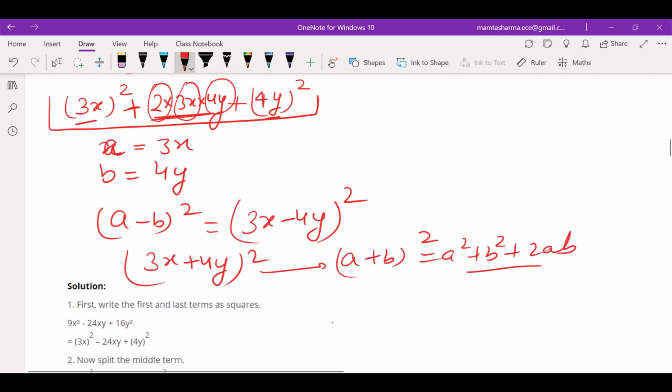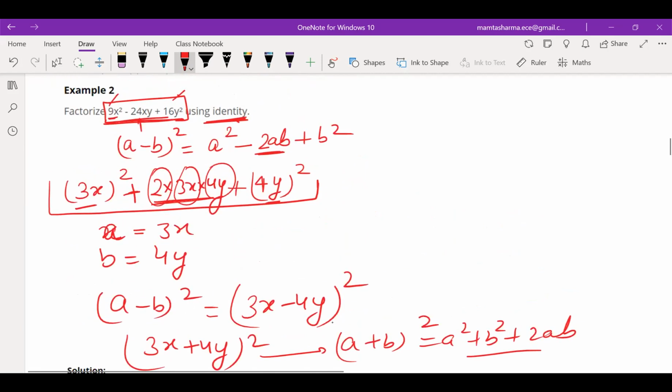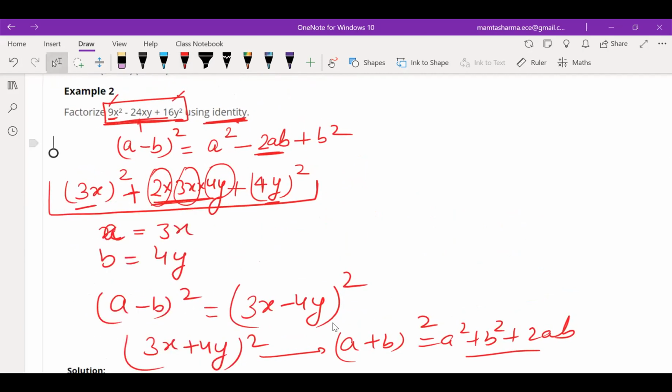Ma'am, one more question. It is not compulsory that we should only split the middle term, right? We can split any term. No, this is not compulsory.